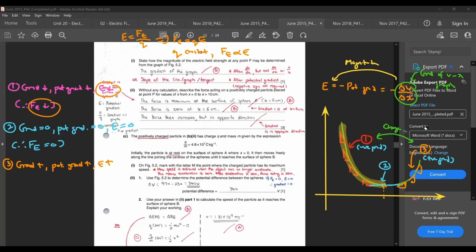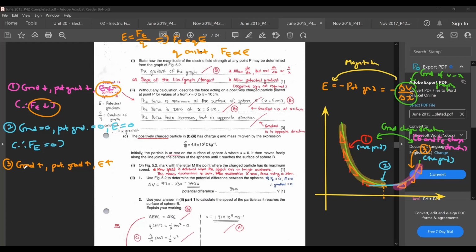The gradient changes direction, isn't it? So your E and FE also change direction. Okay, simply put, because your gradient here has changed direction, your E and FE change direction.